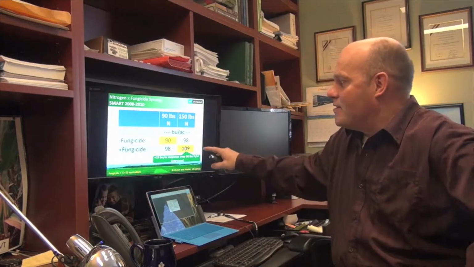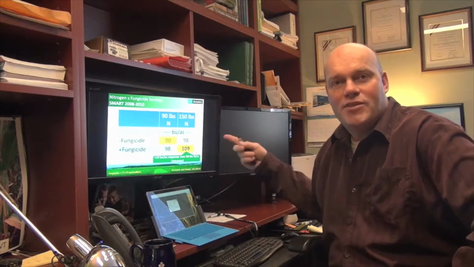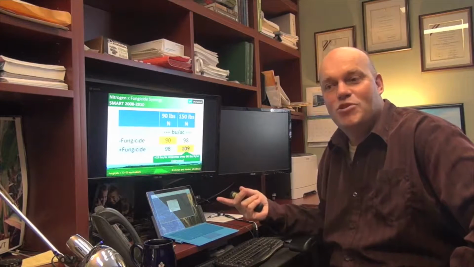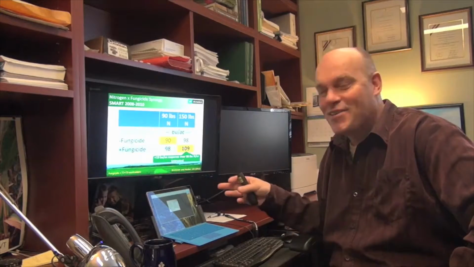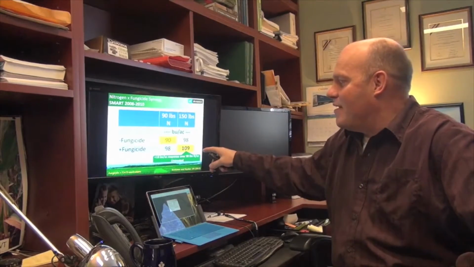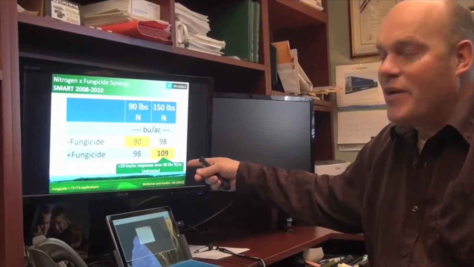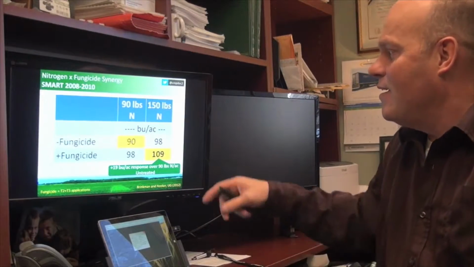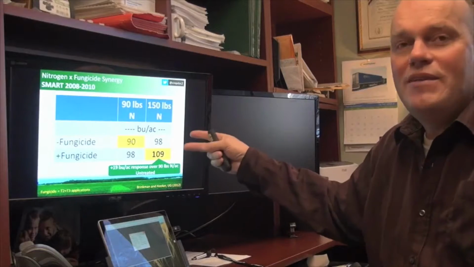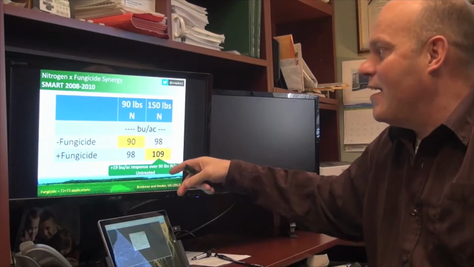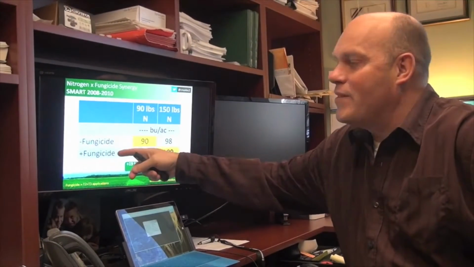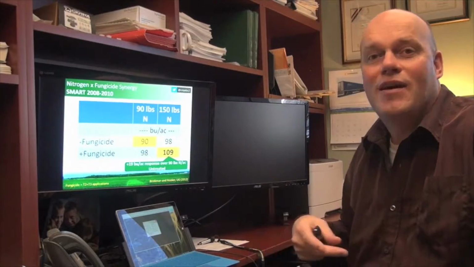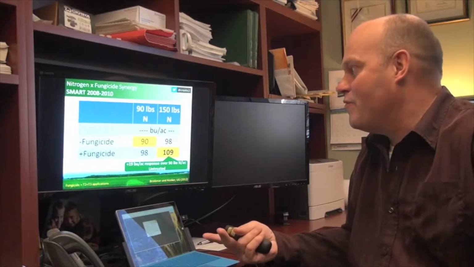Exactly. So this is some of the data that we had from our Smart Wheat project way back in 2008, like eons ago. This is some of the data that myself and Jonathan Brinkman have worked on, and also Peter Johnson. This is an example of a multi-factor trial where we looked at nitrogen response and also with and without fungicide application across a number of varieties, number of environments.